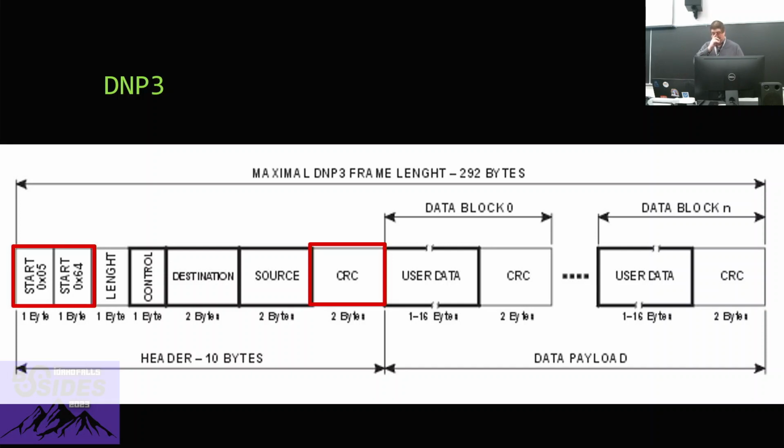It goes through a whole bunch of stuff, but that's what it essentially is. And so here, the CRC is a little slower to calculate. You actually have to go through and do the math: does this match over these bytes? But if it does match, it's very unlikely that's going to happen randomly. For DMP3, you actually have multiple CRCs.